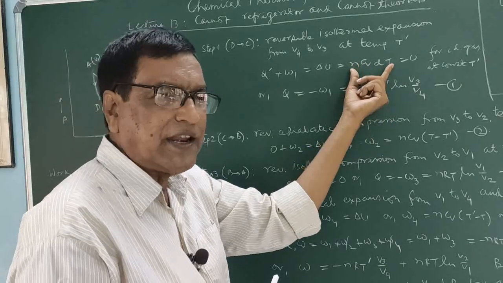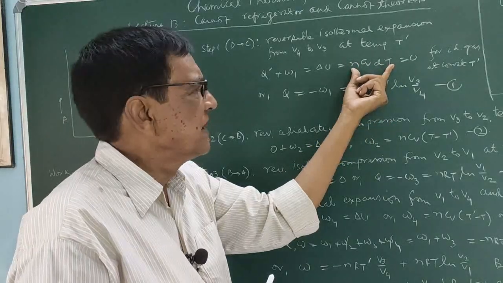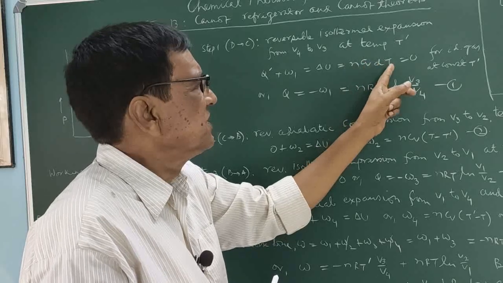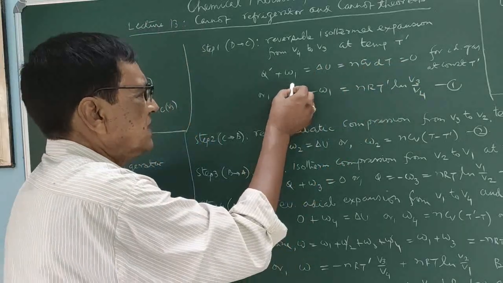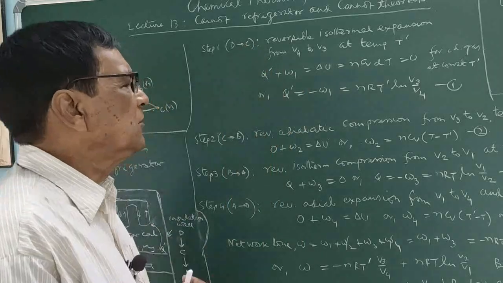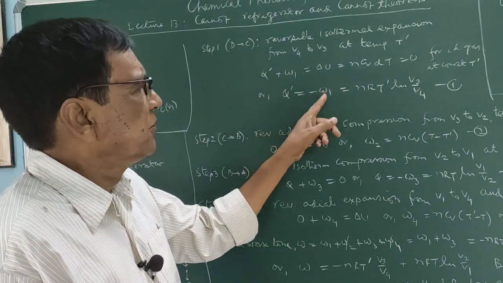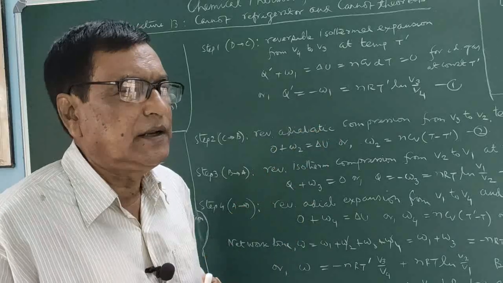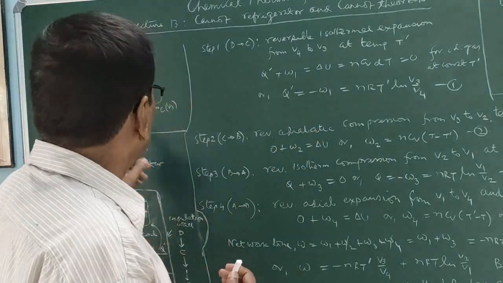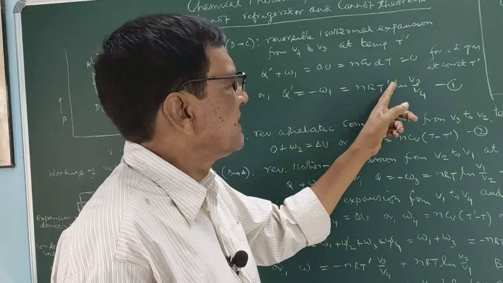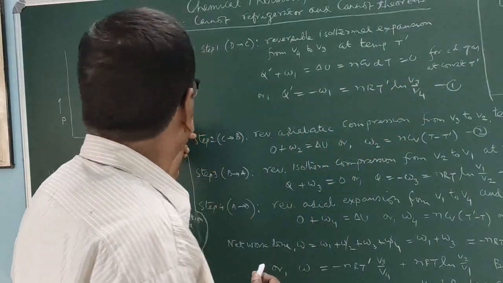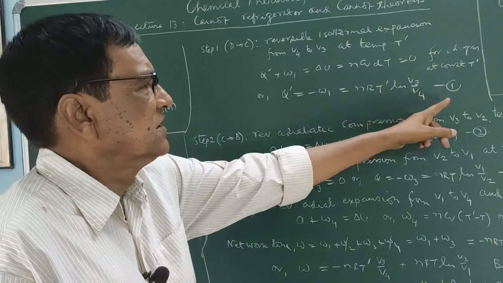This relation is valid for the ideal gas only, and temperature is constant, so dT equals 0, so dU equals 0. So Q dash equals minus W1, the work done in the first step for this expansion, and it is nRT dash ln V3 by V4, the final volume by the initial volume. This is equation number 1.